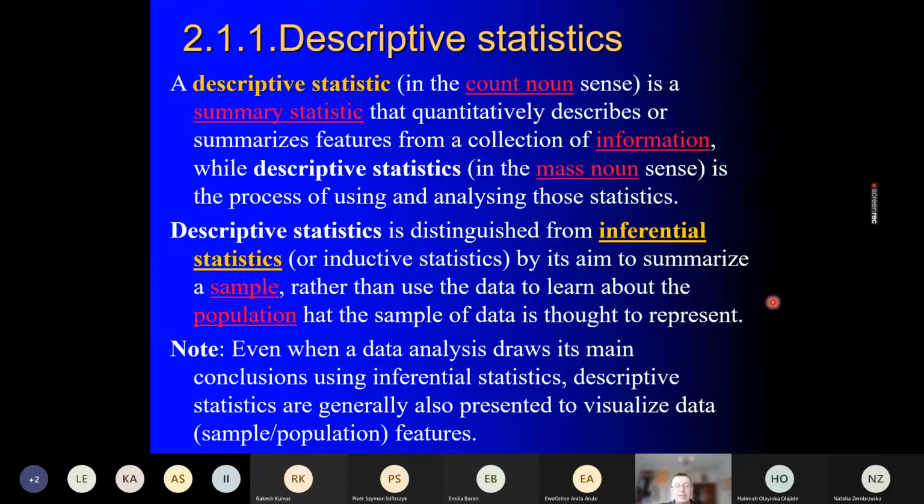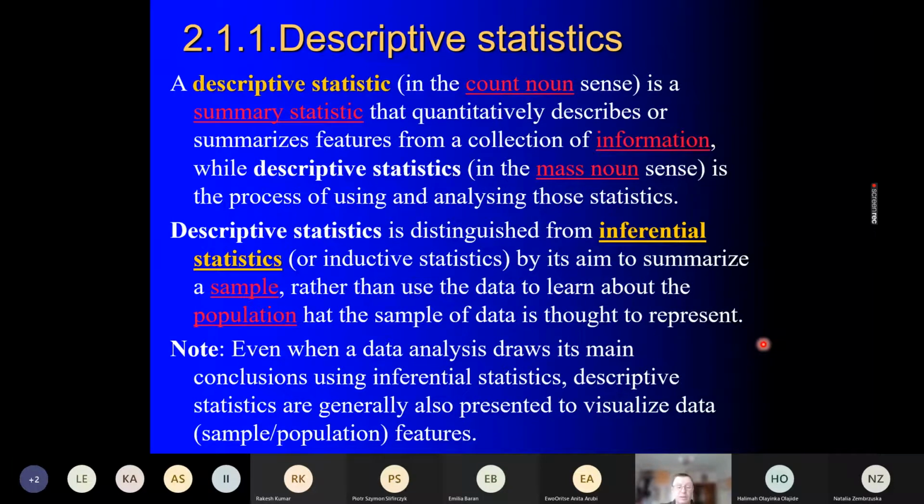We can also see descriptive statistics as the process of retrieving and using those statistical assessments within our scientific analysis. And it has to be distinguished from inferential statistics by its aim to summarize a sample, rather than use data to learn about the population that the sample of data is taken to represent.